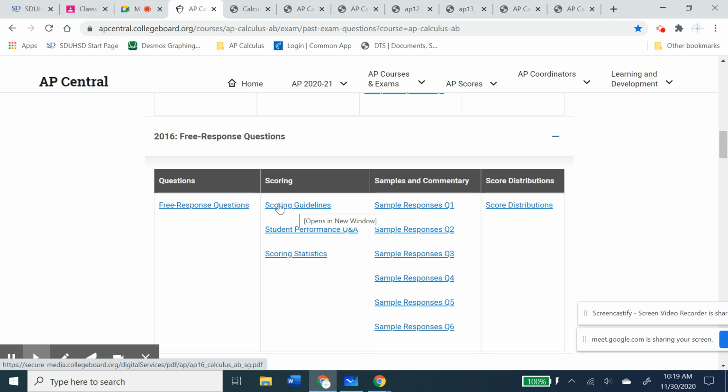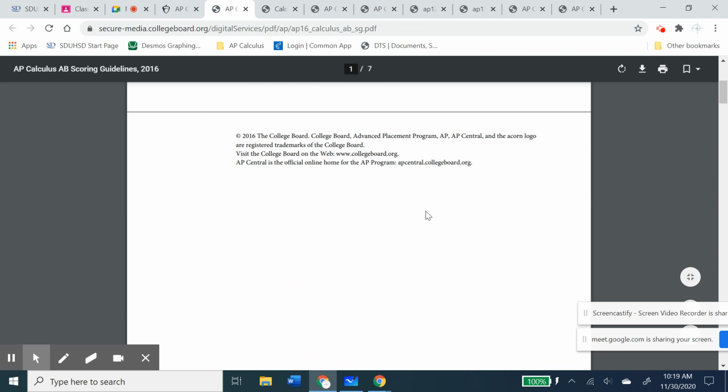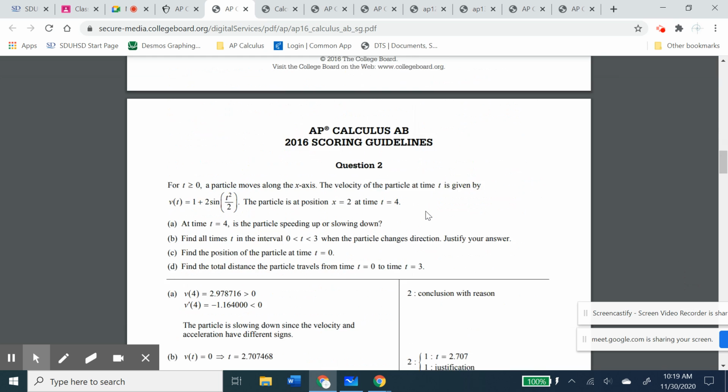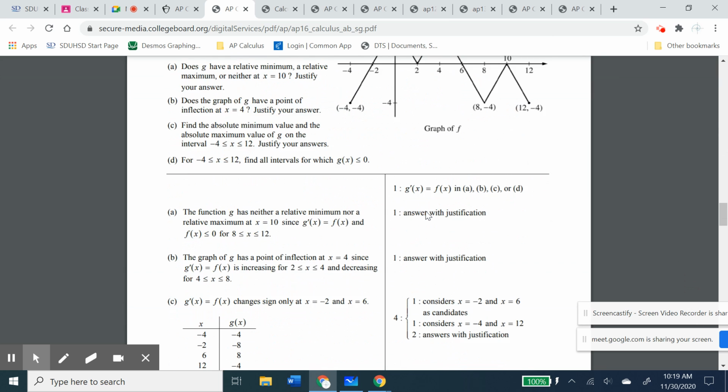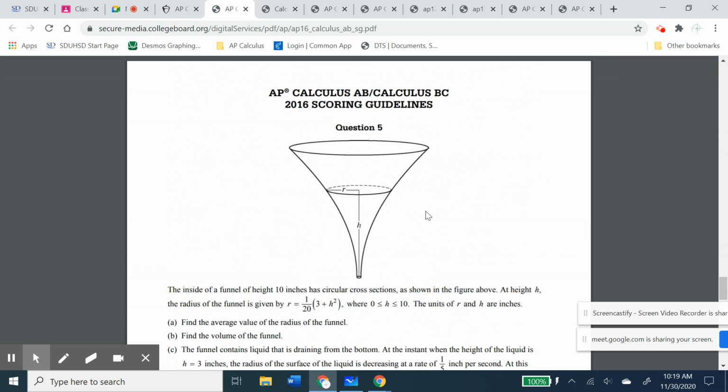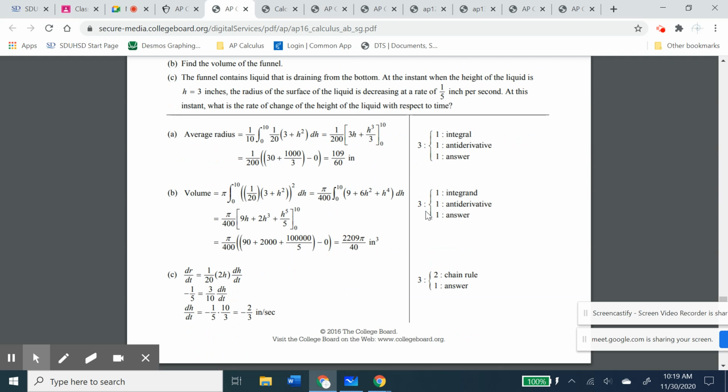For each one of these, scoring guidelines is what you're looking for the answers. They give a whole bunch of information. You can always look at that, but the most important thing are scoring guidelines. You click on that, and then you go and find the particular question, number 5. And then you can see the points and how they were allotted.